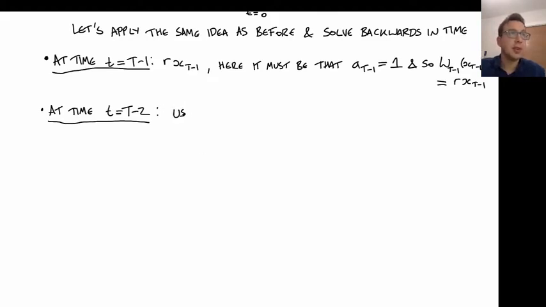So let's, because from that we can use the solution that we had at time t minus 1 and push it back to our solution at time t minus 2.